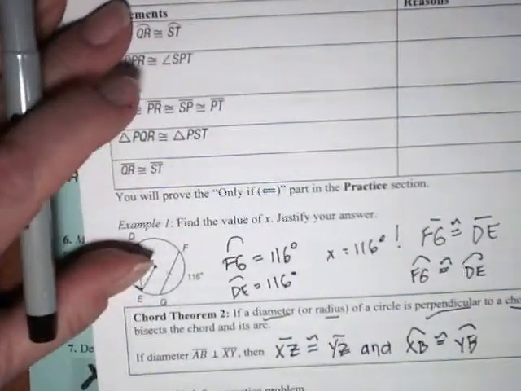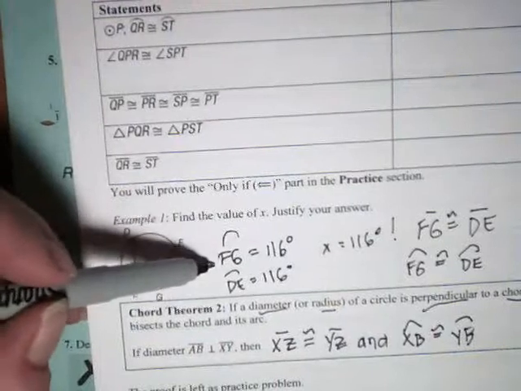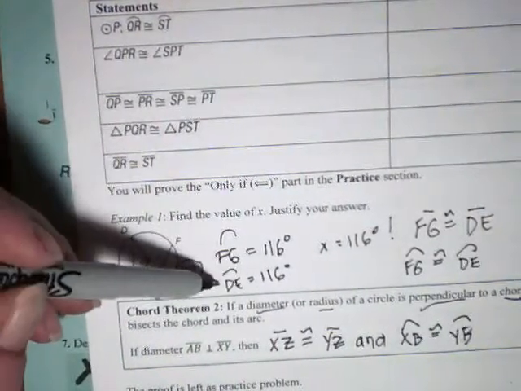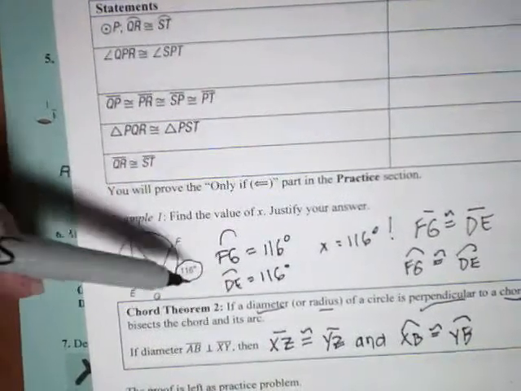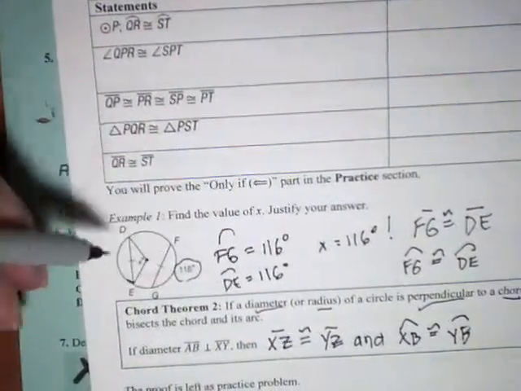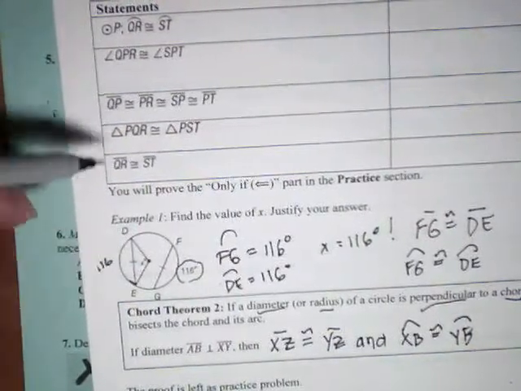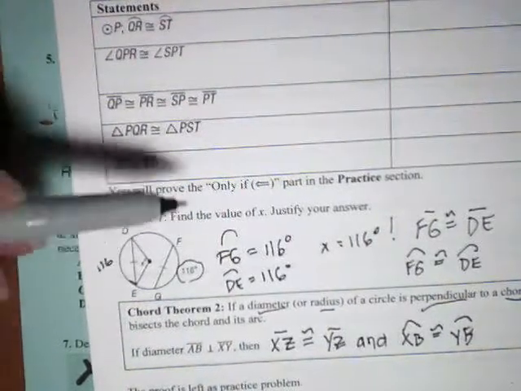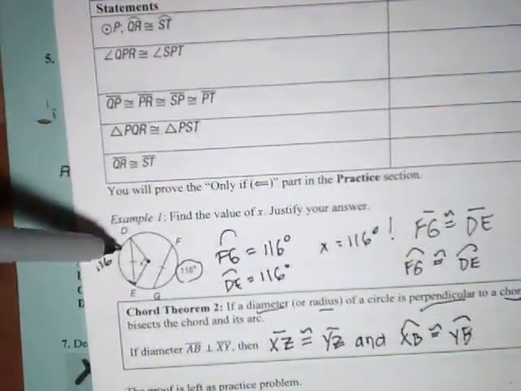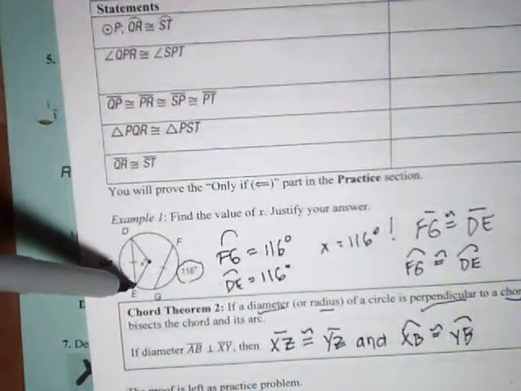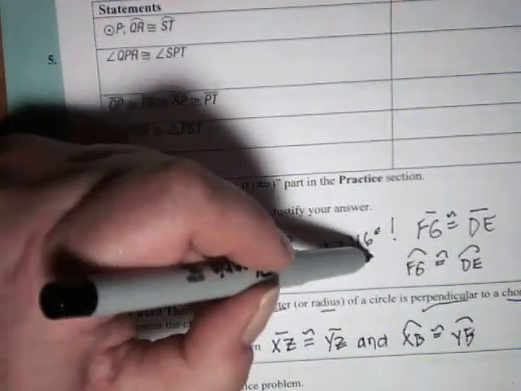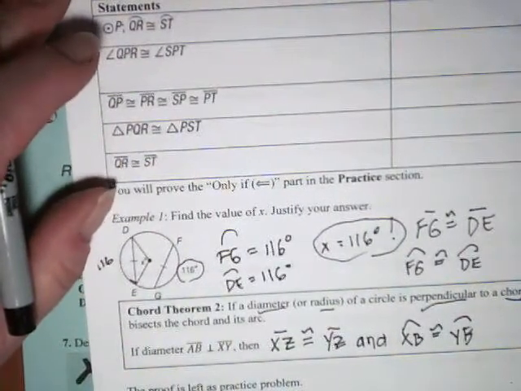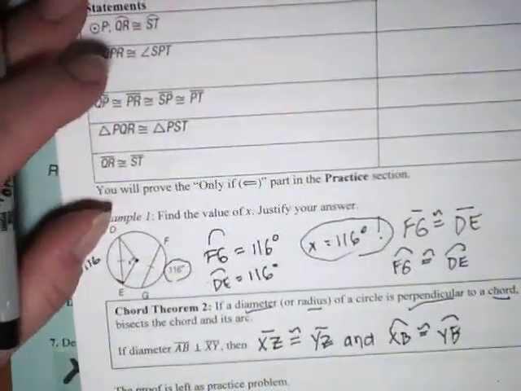And if that is the case, and we know arc FG is 116 degrees right there, then we know arc DE is also 116 degrees. What does that buy us? Well, angle X is a central angle, and the central angles are equal to the arc that is formed in measure. So that means X is 116 degrees. There you go.